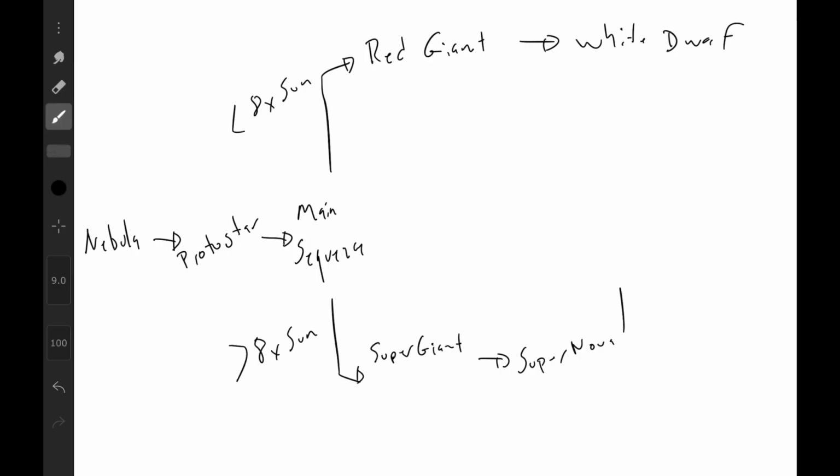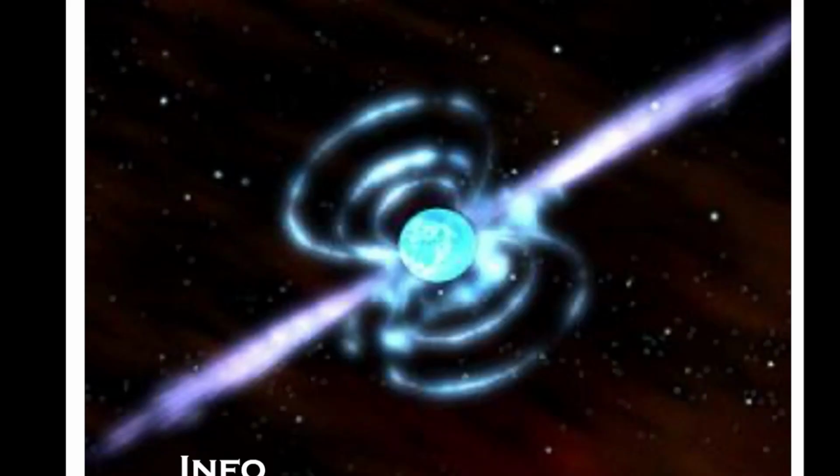And this is where we have another fork in the road, because the two different outcomes of a star, the two different cores that remain, depend on the star's mass. For stars that are between 8 and 25 times the size of the sun, that core that remains will be a neutron star. And it's called a neutron star because it's just made out of a mass of neutrons.